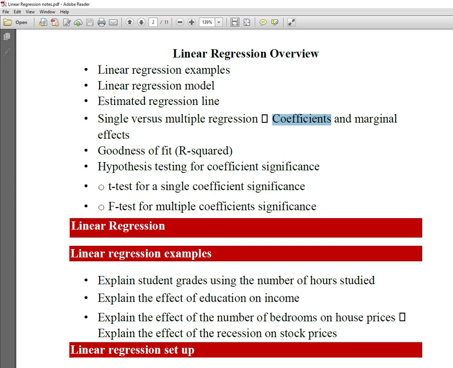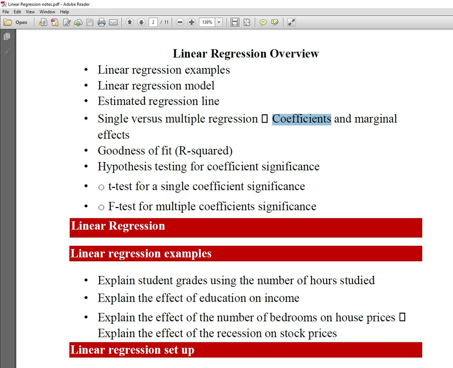So you want to look at the number of hours studied and the grade of a student. We can also look at education and income. I think that's what you're going to use in class. By income, we mean salary. You want to know if somebody's education changes, how will salary respond to that? We can talk about prices of houses: the more bedrooms a house has, the higher the rent.